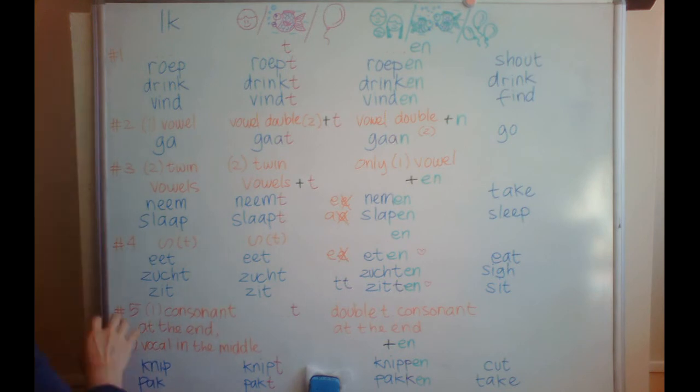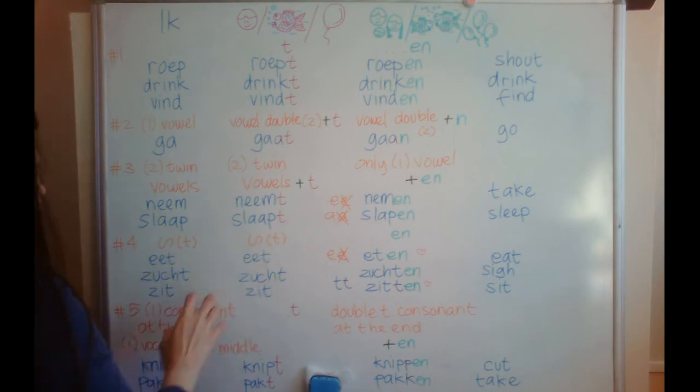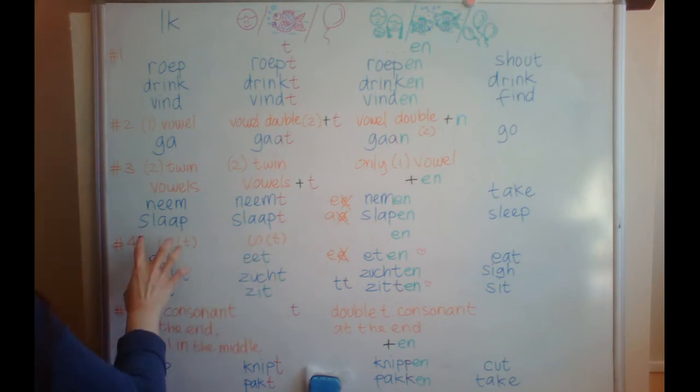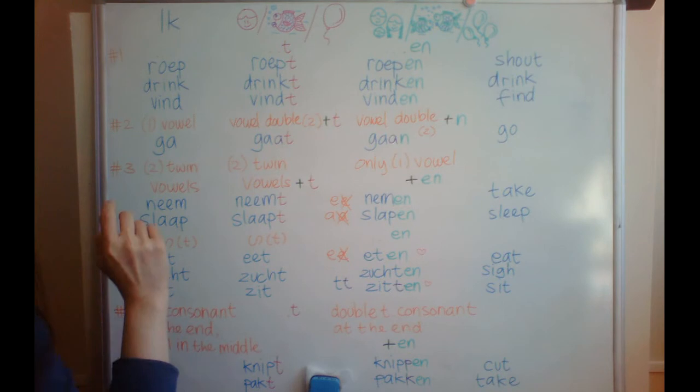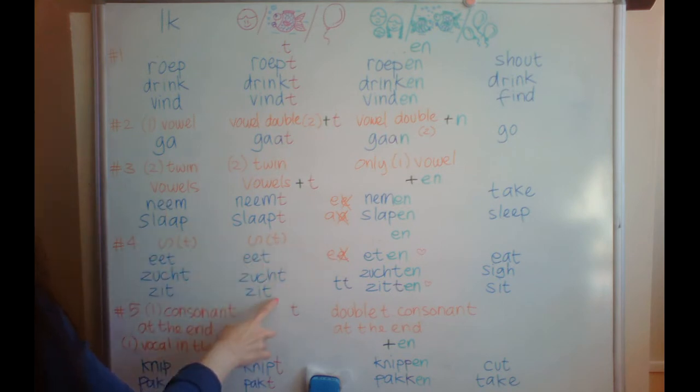Number 4. This one is for words that already have T at the end of the word. So it becomes similar. For subject ik or I, and for subject that consists of 1, it's similar because it already has the T. You don't have to add another extra T. It already has the T here.